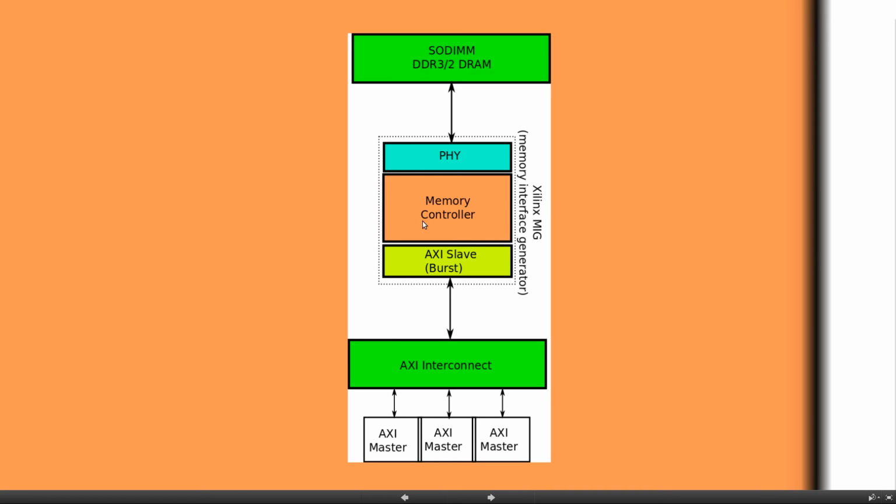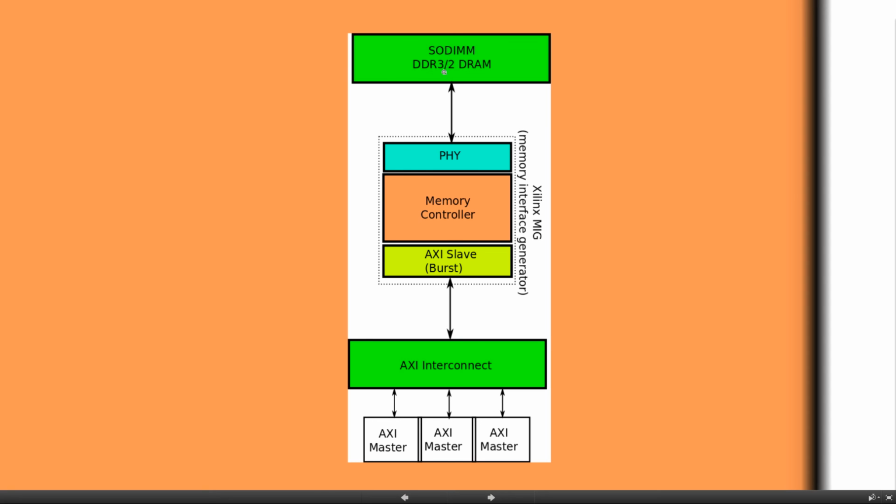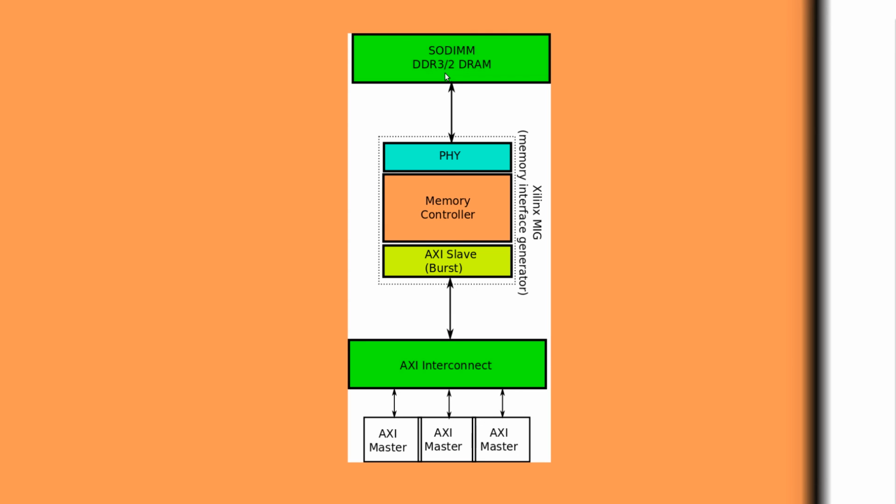It does the scheduling of read and write operations and produces the required sequence of commands which should be applied to the DRAM chips that you have here, so that you can successfully write data to your DRAM chips and read data from them.